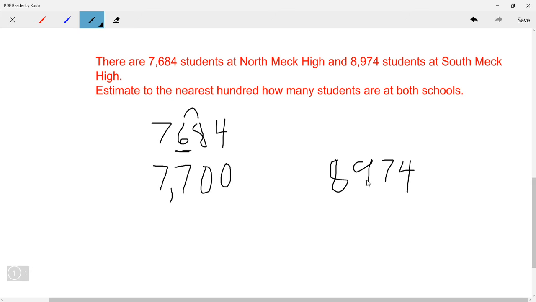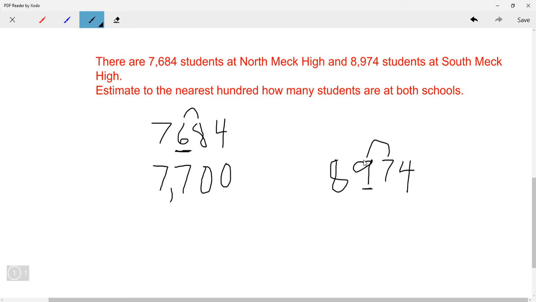And then this one would be 8,974. Now, this one is a little bit trickier. We're doing it to the 100. It's at a 9. We go here. 7, once again, is greater than 5, so we're going to move up. But what is 1 more than 9? It's 10. But we can't just put a 10 here, right?